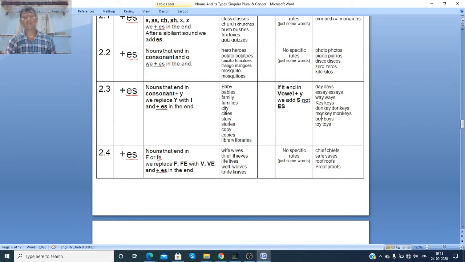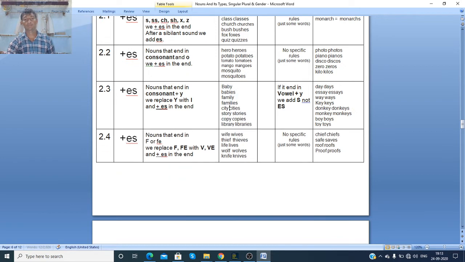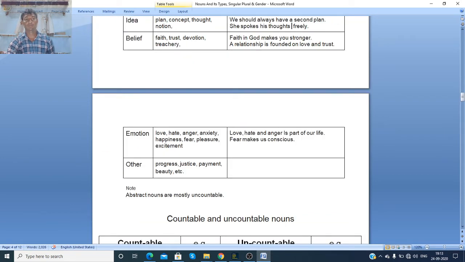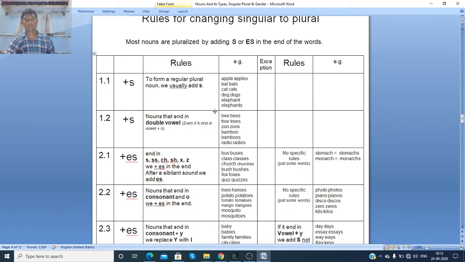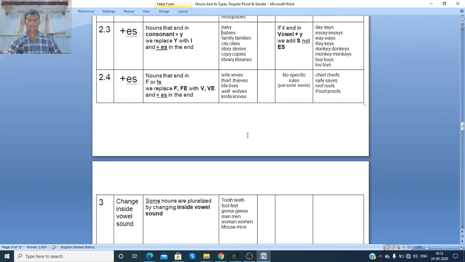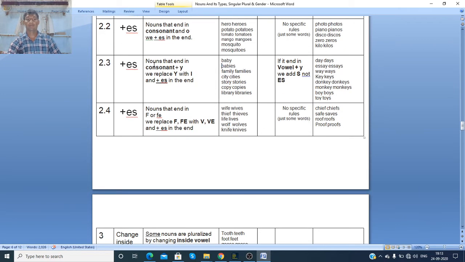But if it ends in a vowel plus Y, we add S, not ES. Nouns that end in a consonant plus Y, we replace Y with I and add ES. But if it ends in a vowel plus Y, like day, essay, donkey, monkey, we add S, not ES.